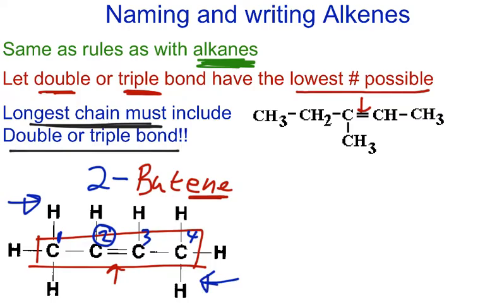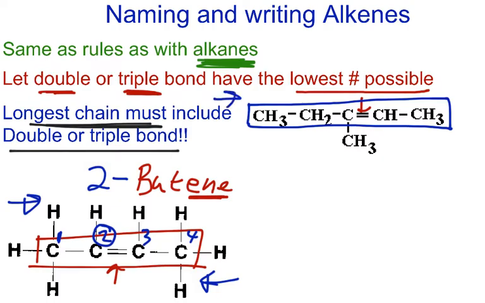Now on this other guy to the right, we have to name it. So what we simply do first, we get the longest continuous chain possible, including the double bonds. Once again, we'll look from this direction and from that direction to get the lowest number possible for our double bond.